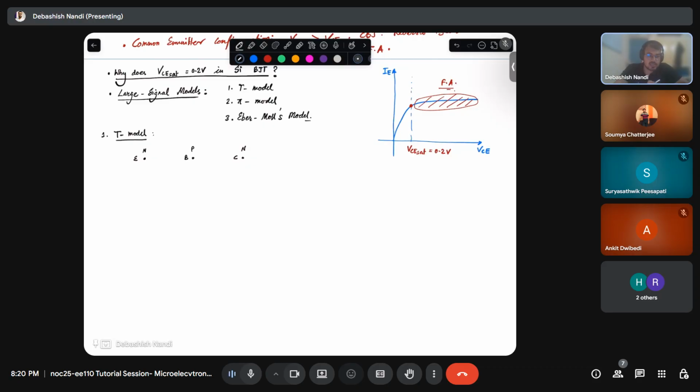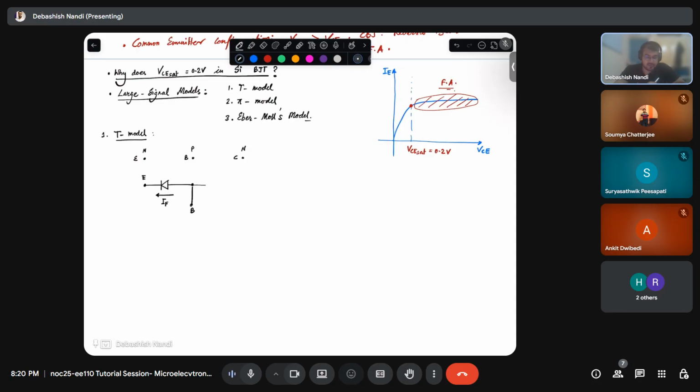So how do they model this? They model the emitter base junction with a diode, and let's say that the current is flowing in this fashion, let's say IF.